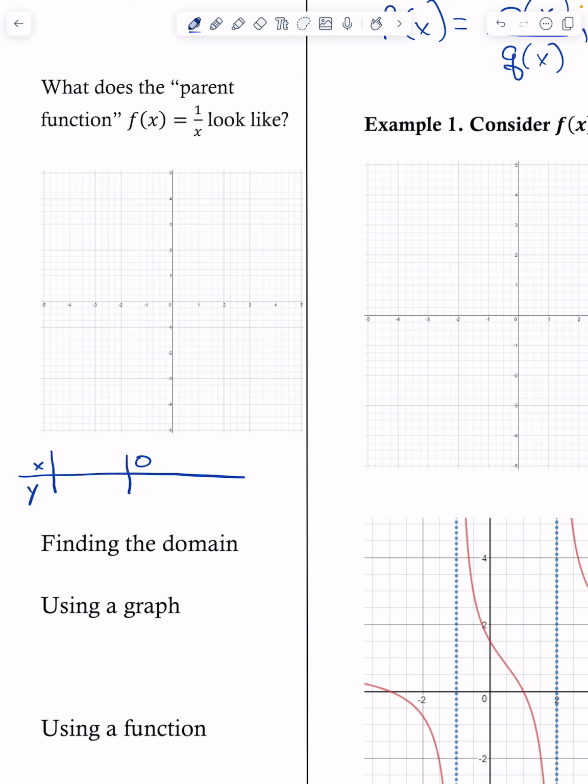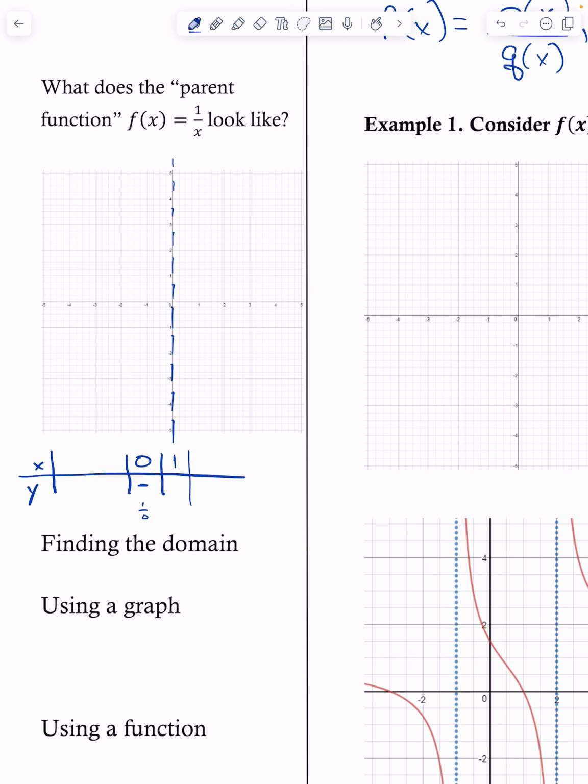I'm going to stick it in the middle here, which means y would be 1 over 0, which is not okay. We don't ever divide by 0. So what happens with this function is we draw in our vertical asymptote at x equals 0. That dotted line is a reminder that our graph can actually never ever cross that.